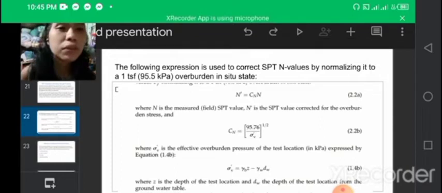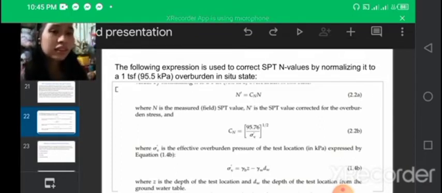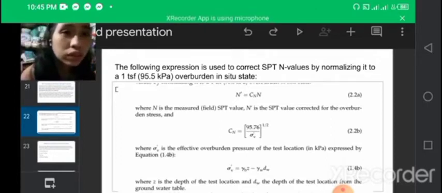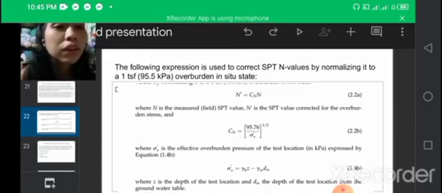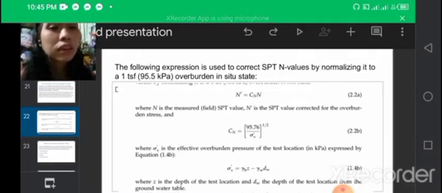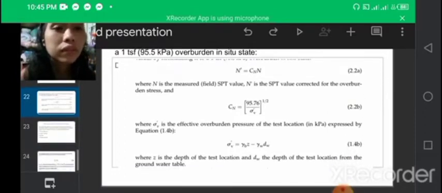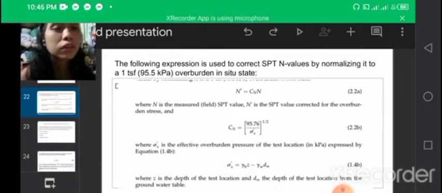So the following expression is used to correct SPT N values by normalizing them to a 95.5 kPa overburden in situ state, where N is the measured field SPT value and N1 is the SPT value corrected for overburden stress. So this is the formula or expression used to correct SPT N values.